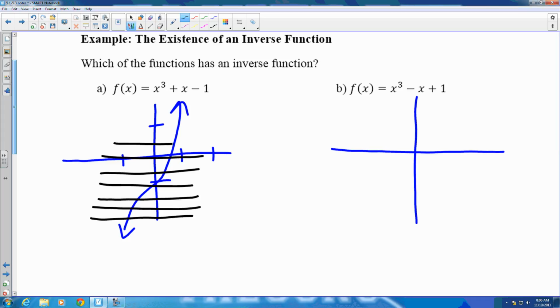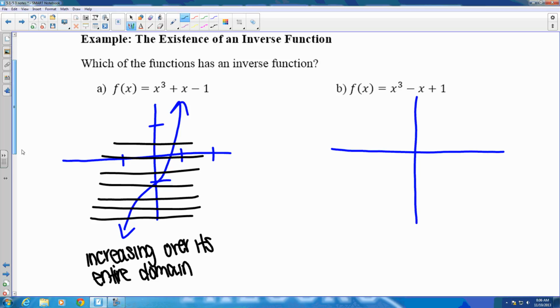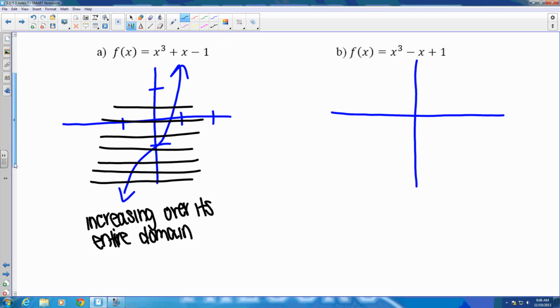Looks like it's going to. So that one does. It's also increasing over its entire domain, which is the definition of monotonic, which means that it does have an inverse.